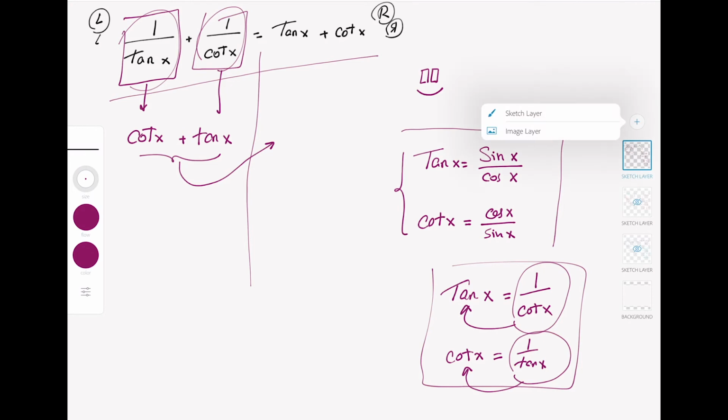Let's have another question. This is a little spicy, but let's see. We have 1 plus cosine of x over sine of x equal to sine of x over 1 minus cosine of x. So in this question, which side should we start?